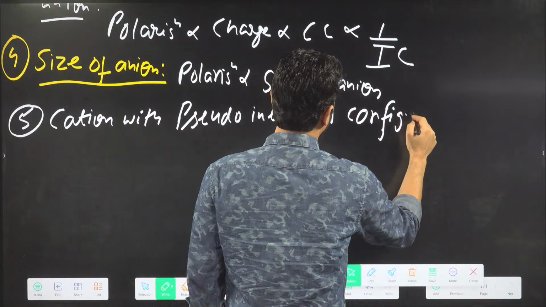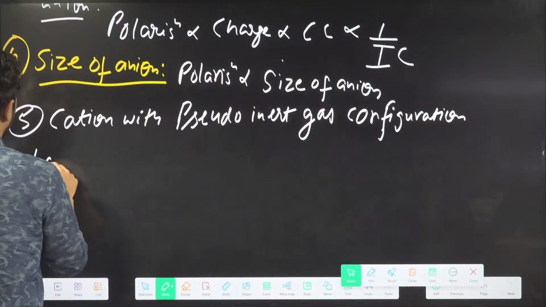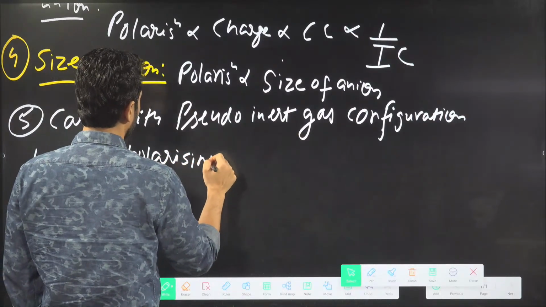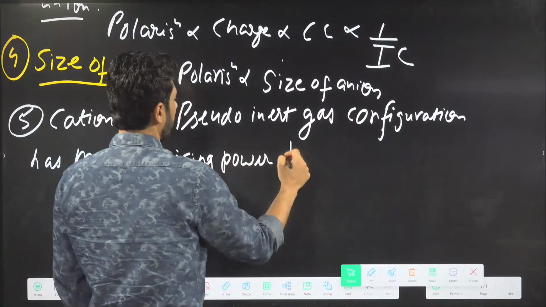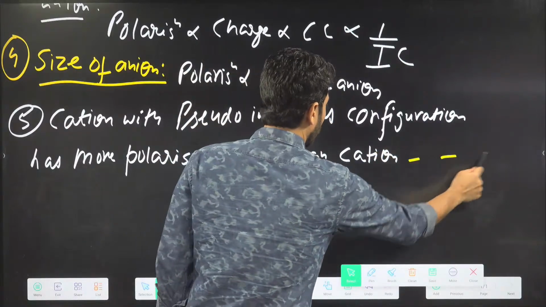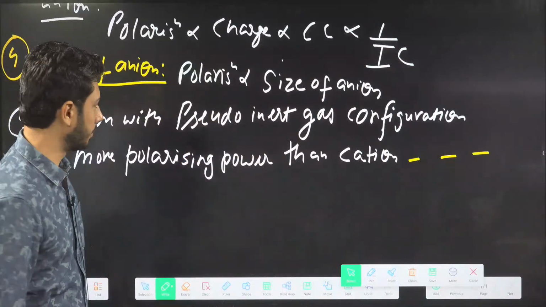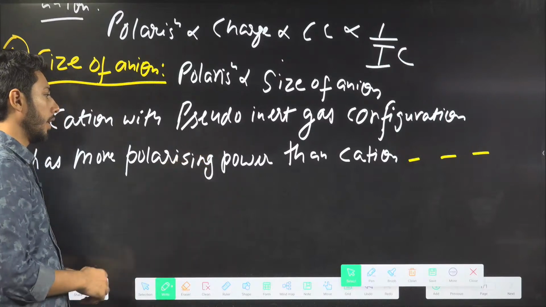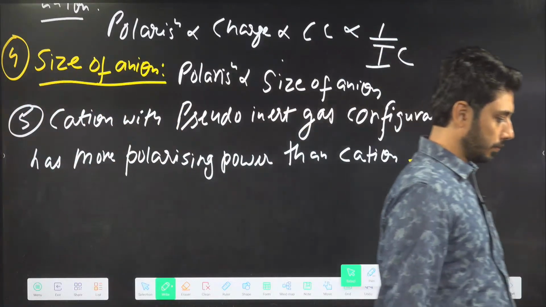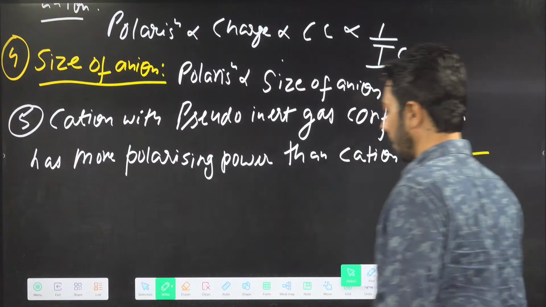Cation with pseudo inert gas configuration has more polarizing power than cation with inert gas configuration.